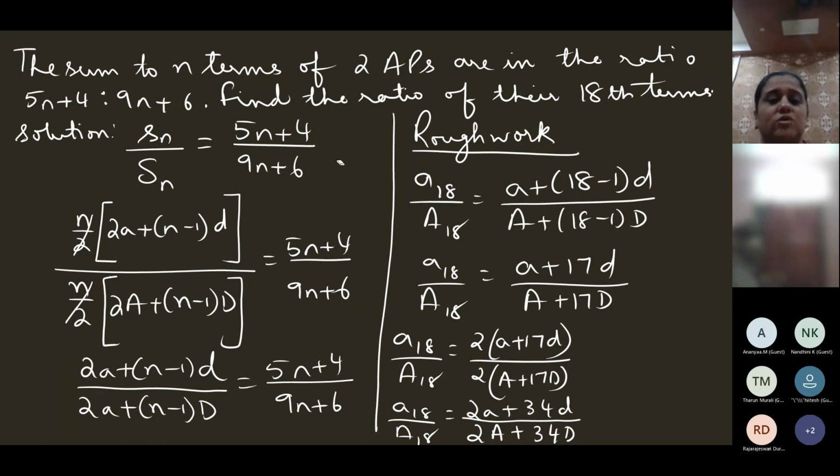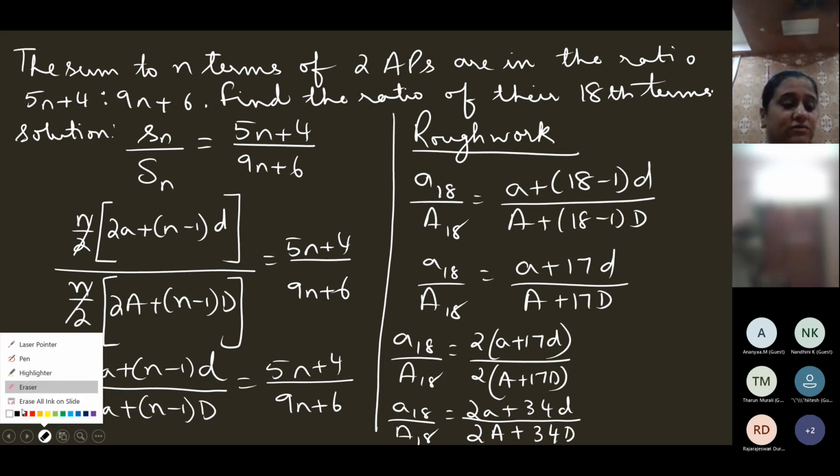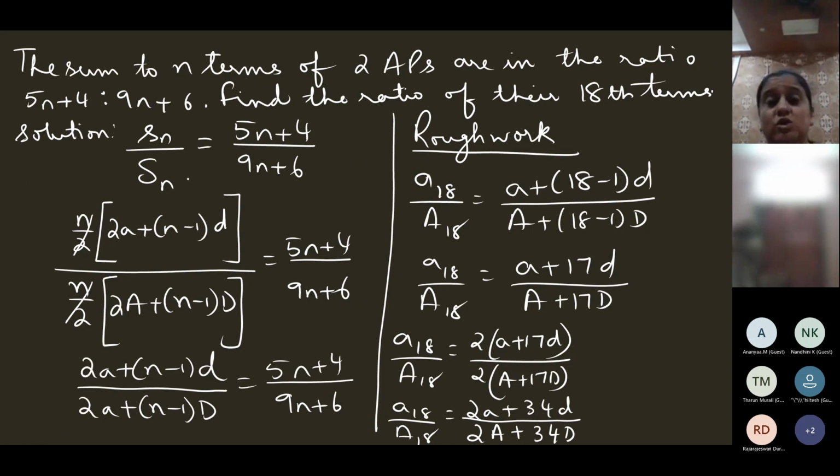So to differentiate the sums, everything should be different except n. That's all I can say. Everything should be different except n. So see here, small letter s n by capital letter S n, the ratio. So Sn by Sn is equal to 5n plus 4 by 9n plus 6.